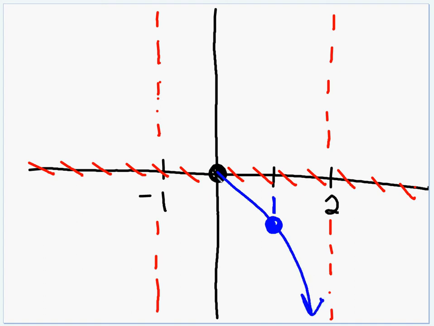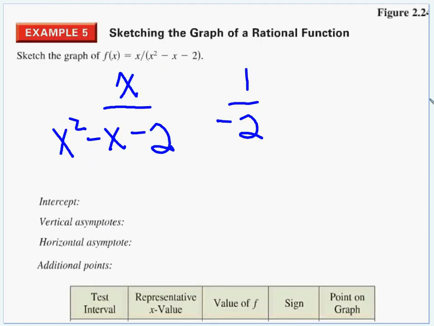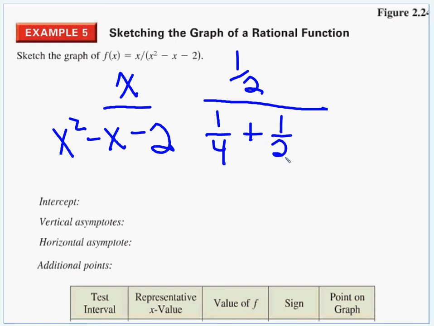Now we're not sure again over here. We might come back down or we might bump up. So it looks like it'd be a safe idea to put in negative 1/2 and see what comes out of there. If I put in negative 1/2, I'm going to get negative 1/2 in the numerator. And then if we square that, negative 1/2 squared is 1/4, plus a negative 1/2, and then minus 2.